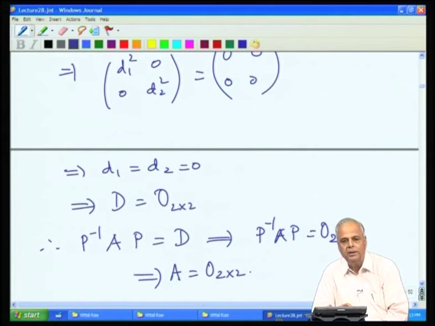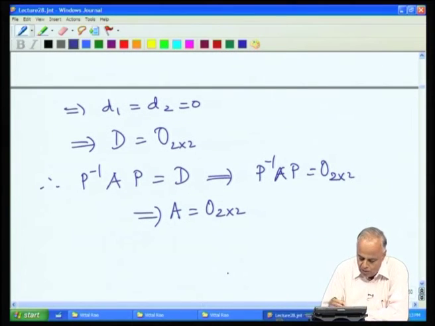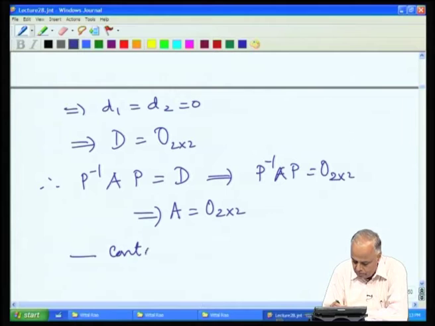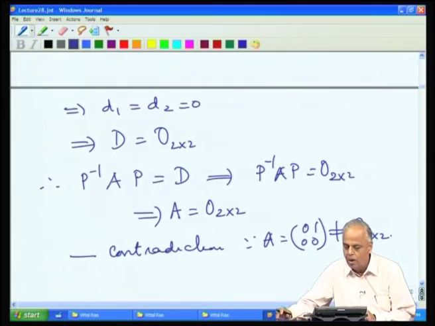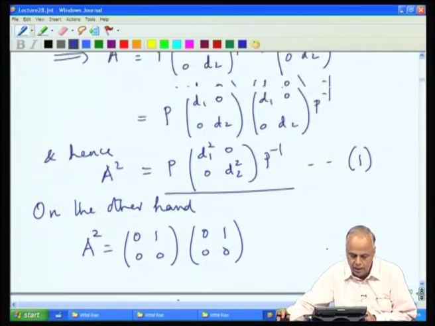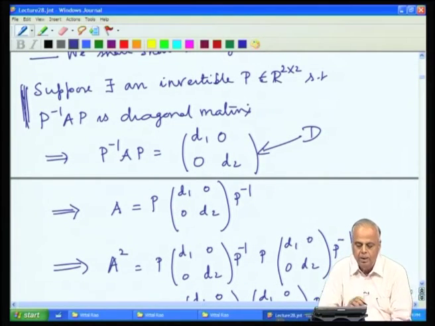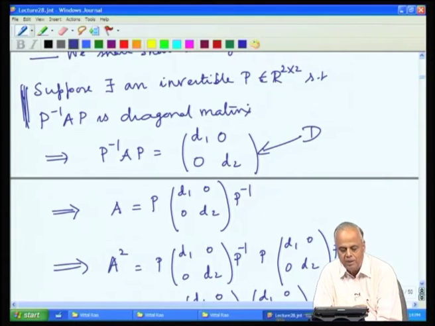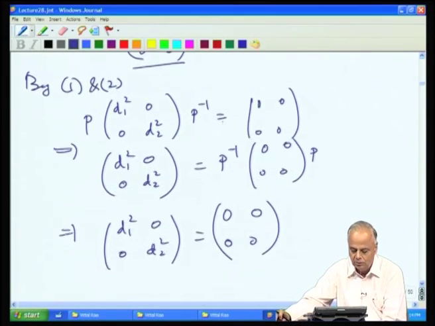But that is a contradiction, because we are given that A is the matrix 0 1 0 0, which is not the 0 matrix. And therefore, our assumption, that there exists an invertible P such that P inverse A P is diagonal, led us to a contradiction, and hence that assumption must be wrong.